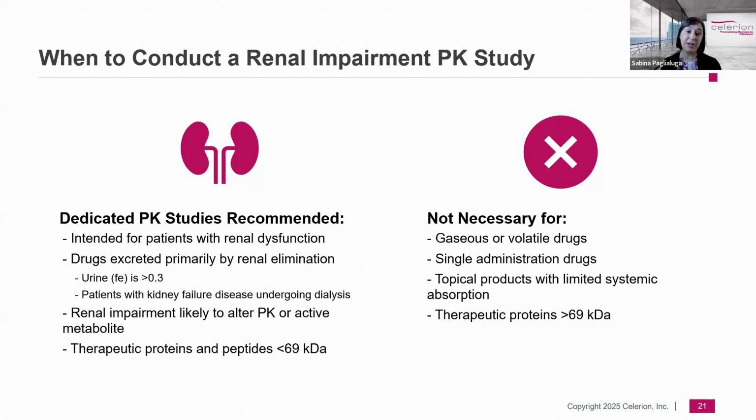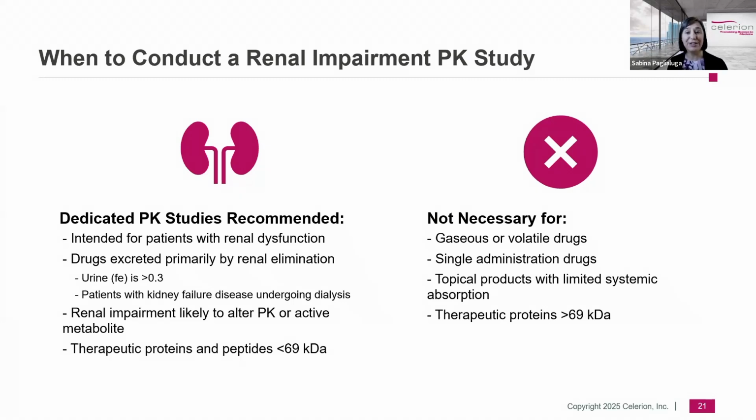These types of studies are not needed if the drug is going to be a single administration only, if it's a topical drug, or gaseous or volatile. And then larger proteins with a kilodalton greater than 16.9 tend to undergo other catabolic processes for elimination. So a dedicated renal impairment PK study is not needed.